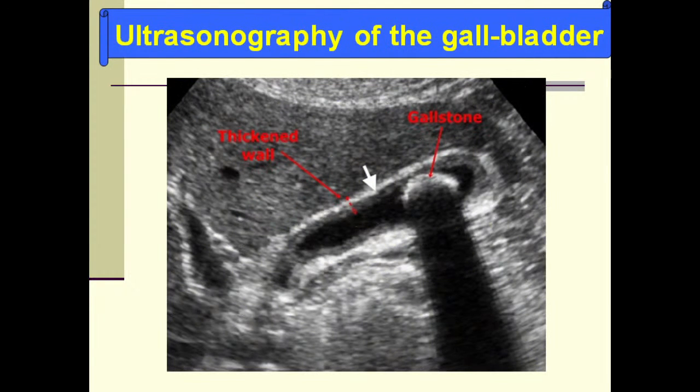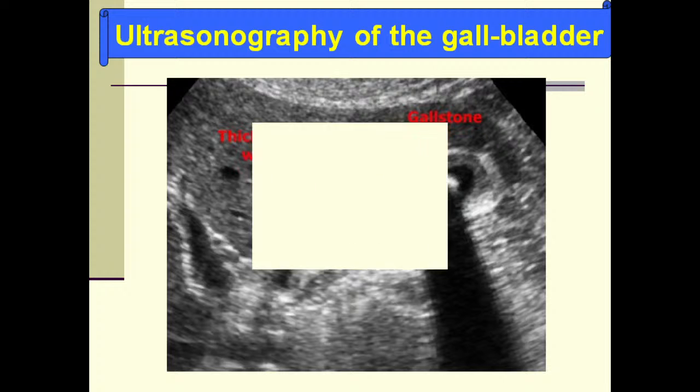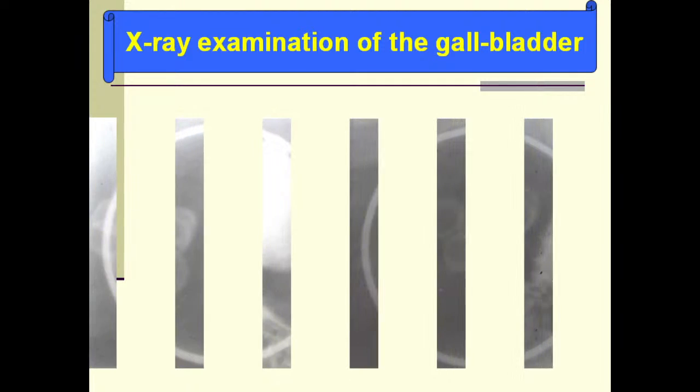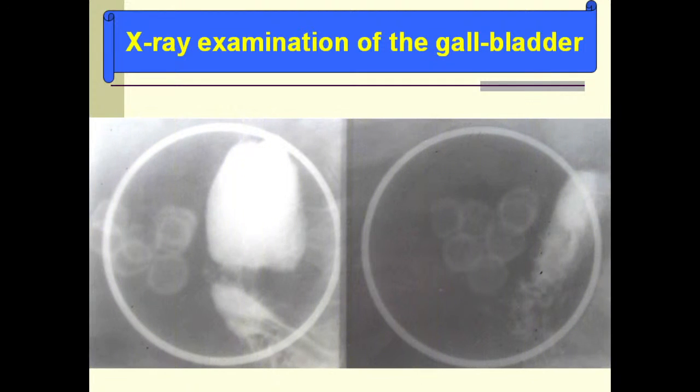You see an ultrasonographic examination of the gallbladder, and a gallstone gives a specific acoustic shadow. On X-ray examination in the projection of the gallbladder, you see a group of stones which resembles the shape of the gallbladder. It shows that the whole gallbladder is filled with stones.